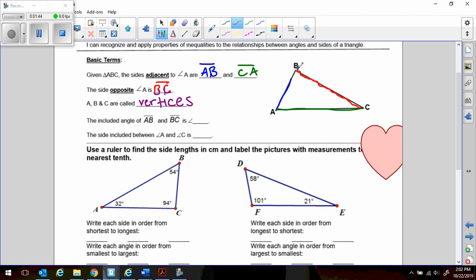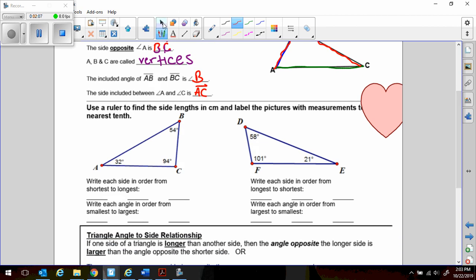Well, it's the letter that they have in common. AB and BC both have angle B in them. The side included between angle A and angle C is AC. Put a line above it to make it a side.